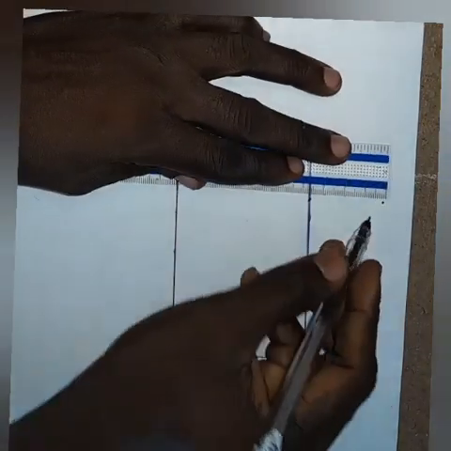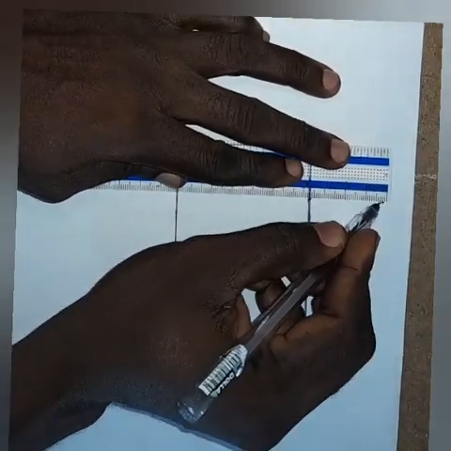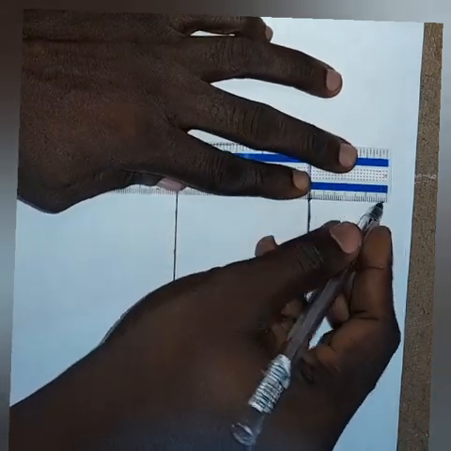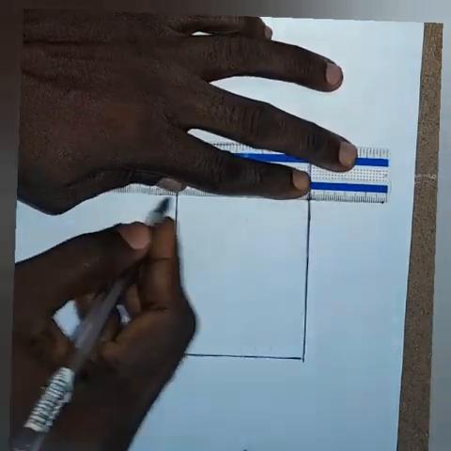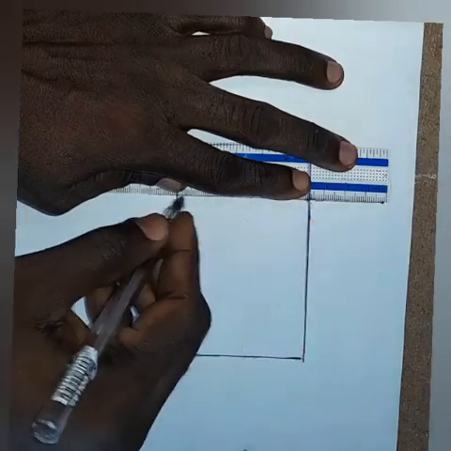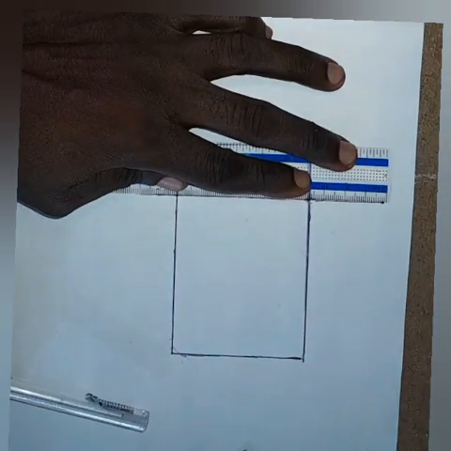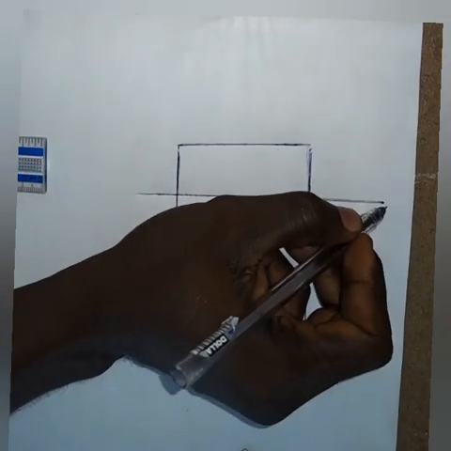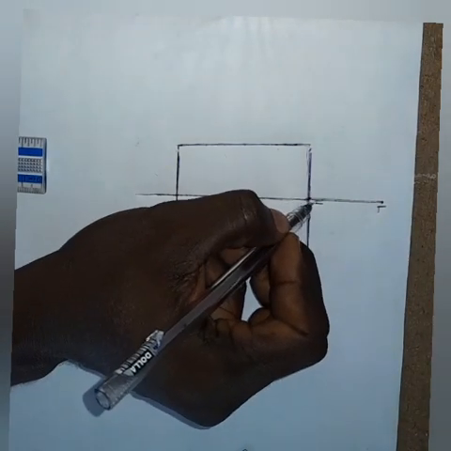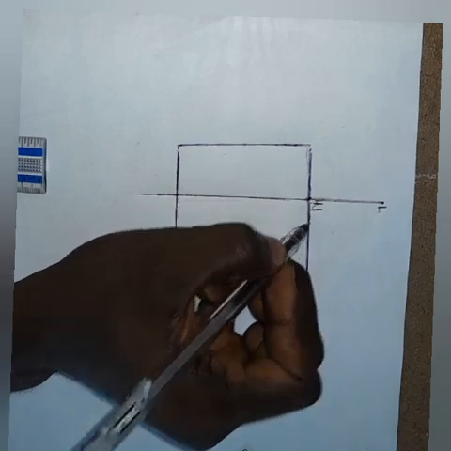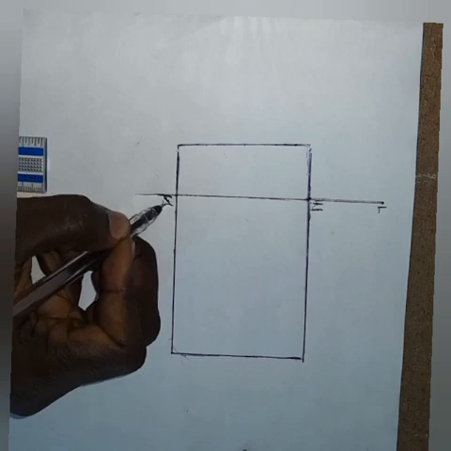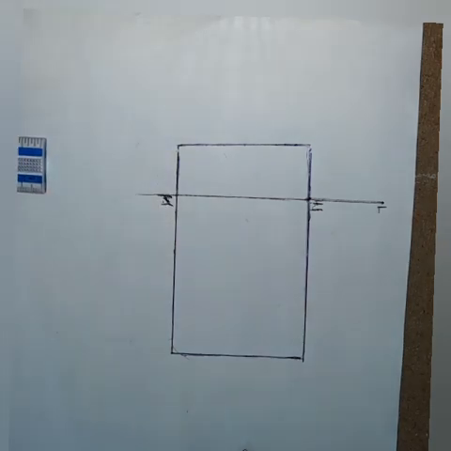Then I'll come to this place and draw this downward. So this represents my normal, and the normal is L, N, and M.